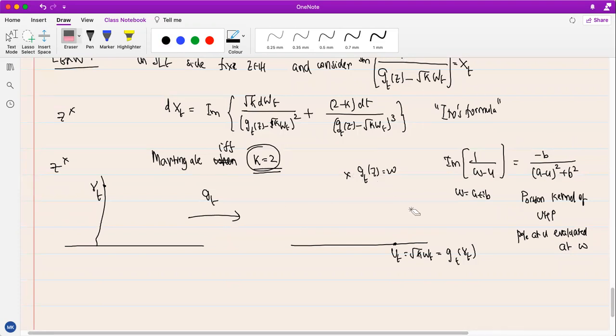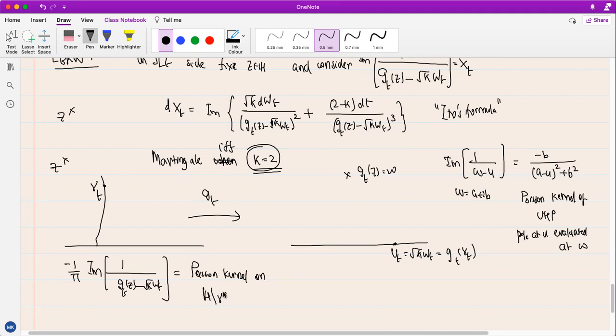Here, this is the Poisson kernel evaluated at W, where the Poisson kernel is rooted at U. And if you map it this way, the imaginary part of 1 over GT of Z minus square root kappa WT is, if you put minus 1 over pi, there is a minus and stuff like that, the Poisson kernel on the upper half plane minus gamma 0 to T, with the pole, sorry if that is the wrong language, at gamma T, evaluated at Z. Of course, harmonic functions go well with conformal maps and so on. So it is just the Poisson kernel there.